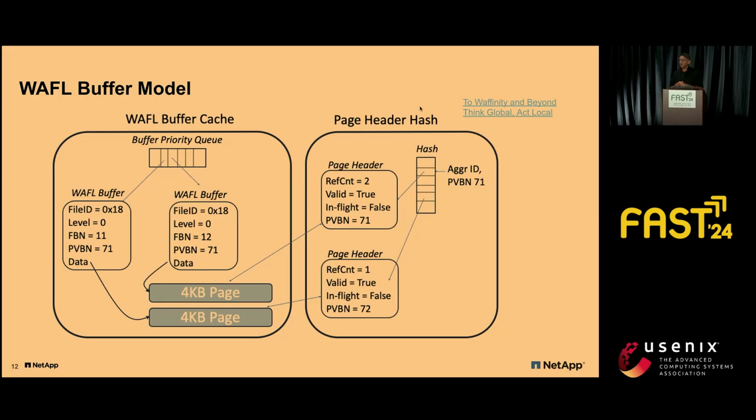File buffers, on the other hand, are managed through a system called Wafinity. We've published about this before. It's a system wherein all of the file system data structures are partitioned, and each is assigned to an affinity. The rule is that only a thread that is owning an affinity at a particular moment in time is allowed to access data structures corresponding to that affinity.